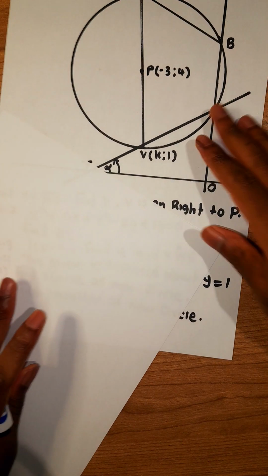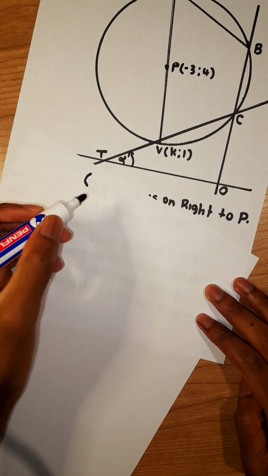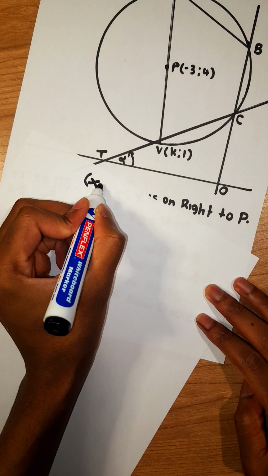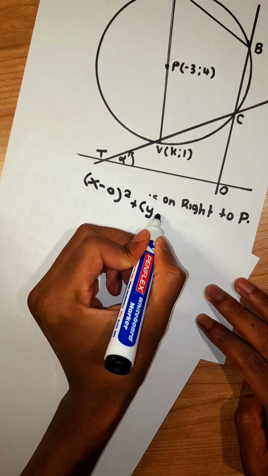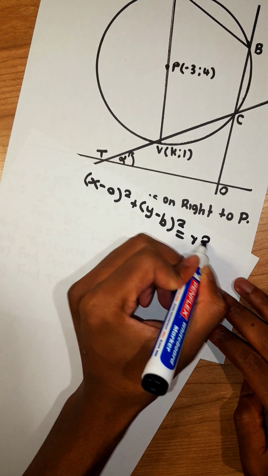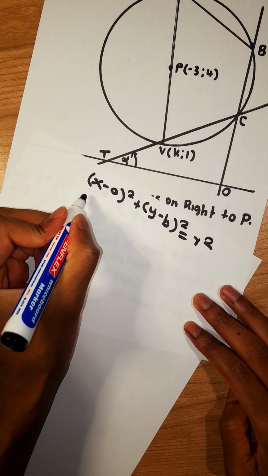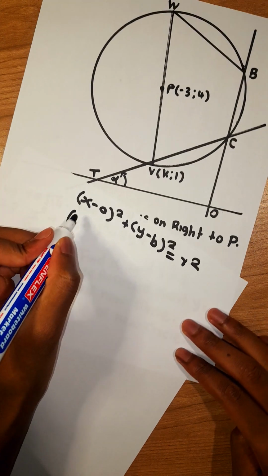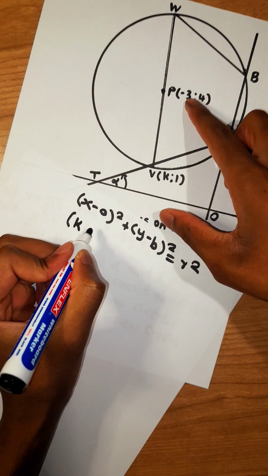We are going to use the formula for the equation of the circle. We know it equals (x minus a) squared plus (y minus b) squared equals r squared, which is just the radius squared. So what is the value of x? x is going to be k, and a is going to be minus 3.